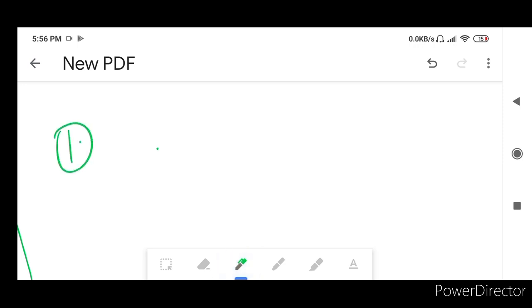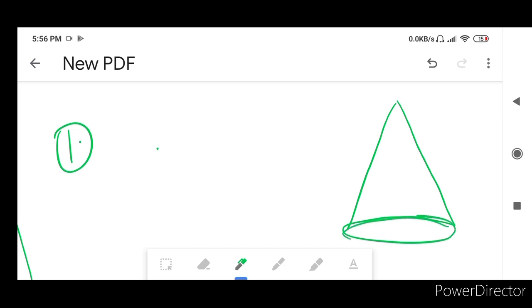Question number 1. What it says, that the diameter of the base of the cone. Okay, the cone that we will be drawing, basically it will be in this form. This circular region is known as the base of the cone, clear. Now this base is basically having a diameter.